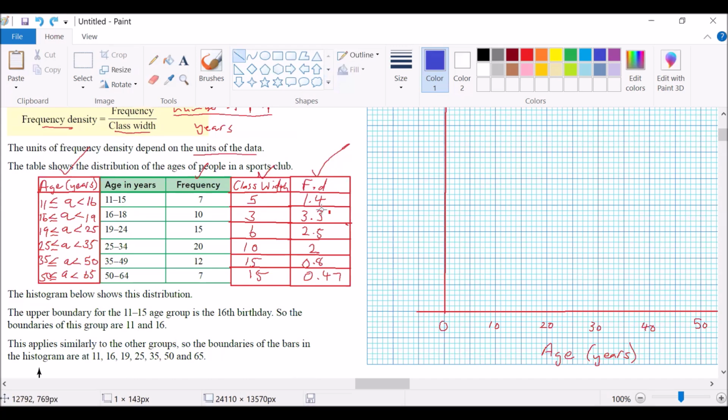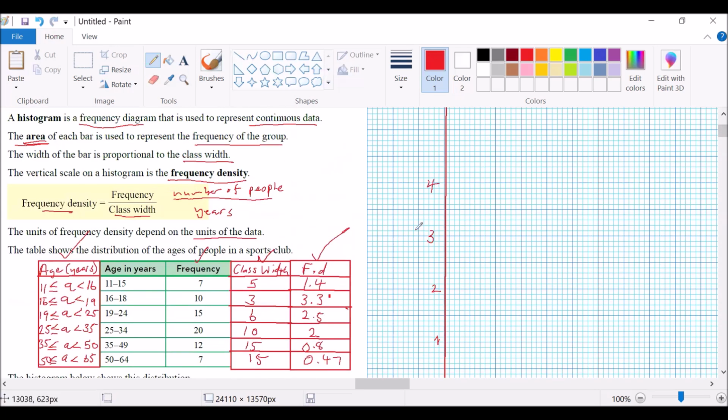For our scale, we are starting from 0.47 to 3.3. So we can start from 0, 1, 2, 3, 4 for our frequency density scale.